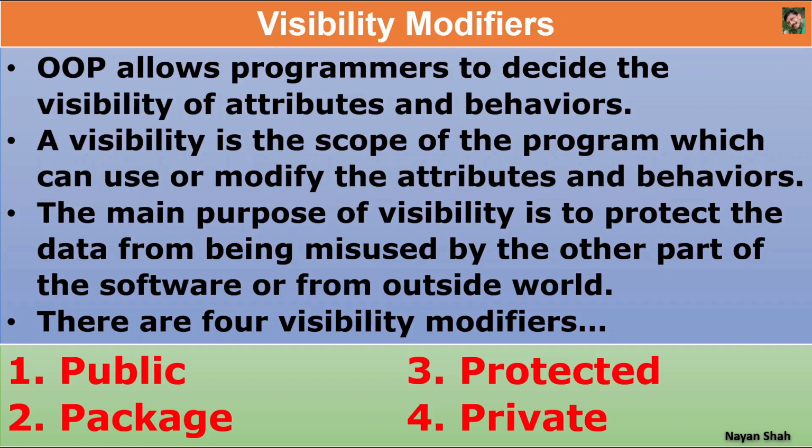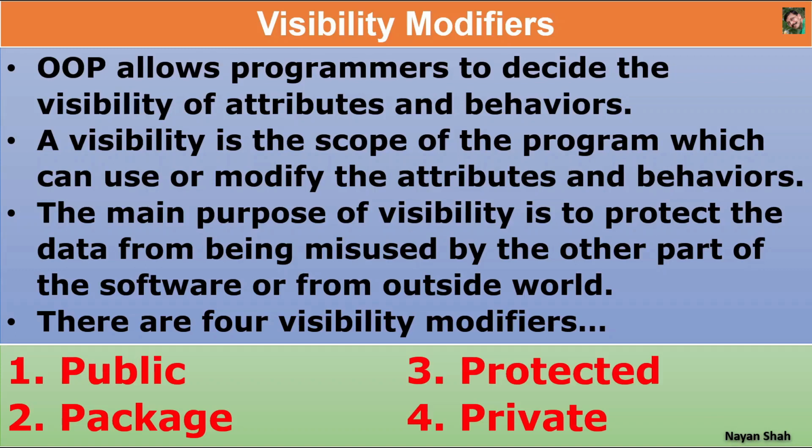So the main purpose of visibility is to protect the data from being misused by the other part of the software, same software, or from the outside world, that is from other programs, totally other programs. There are 4 visibility modifiers: public, package, protected, and private. Public, the widest visibility.